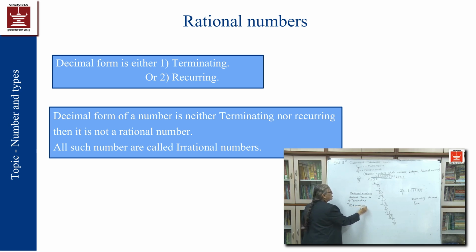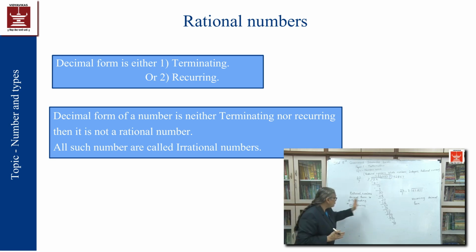Recurring, when we say recurring, the word non-terminating is hidden in it. So, it is recurring and non-terminating. And if it is terminating, then obviously it is non-recurring, right? So, rational numbers have terminating or recurring decimal forms.